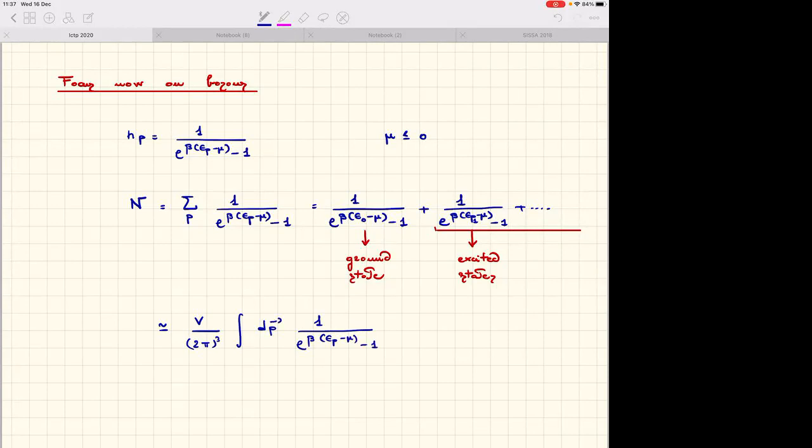In practice, I can always do the integral in spherical coordinates. I will get a 4 pi, and therefore this is going to be V over 2 pi squared, integral from 0 to infinity dp p squared, 1 over e to the beta (epsilon p minus mu) minus 1.